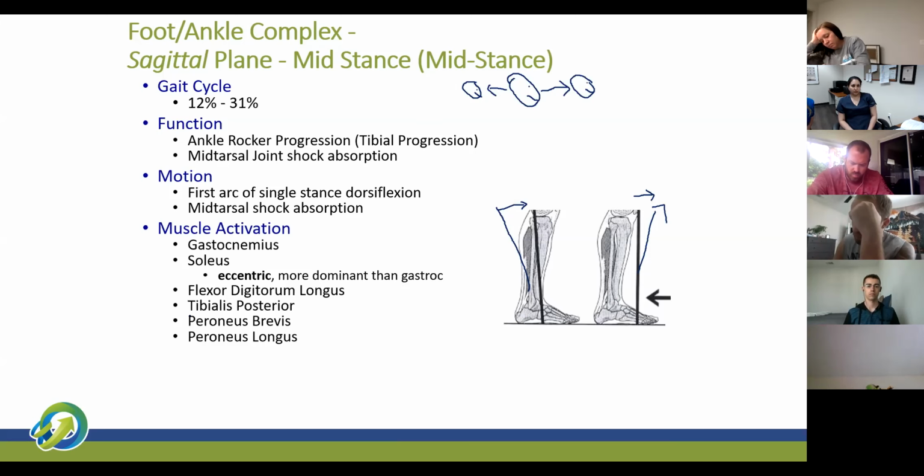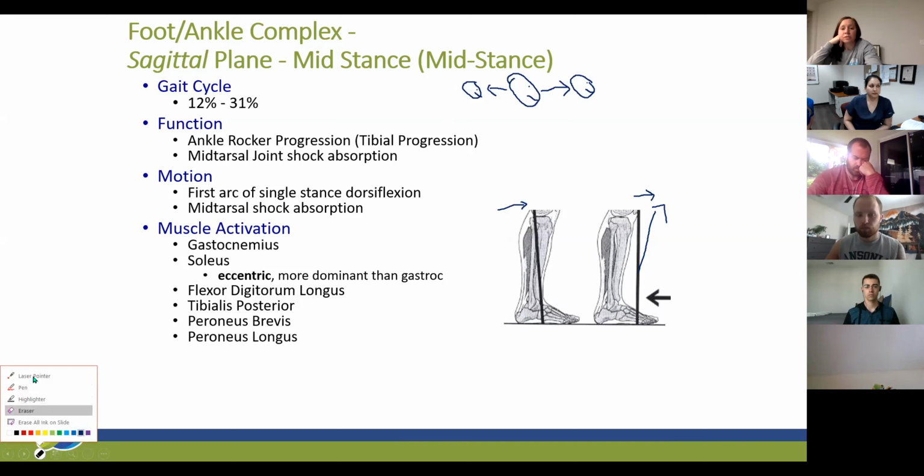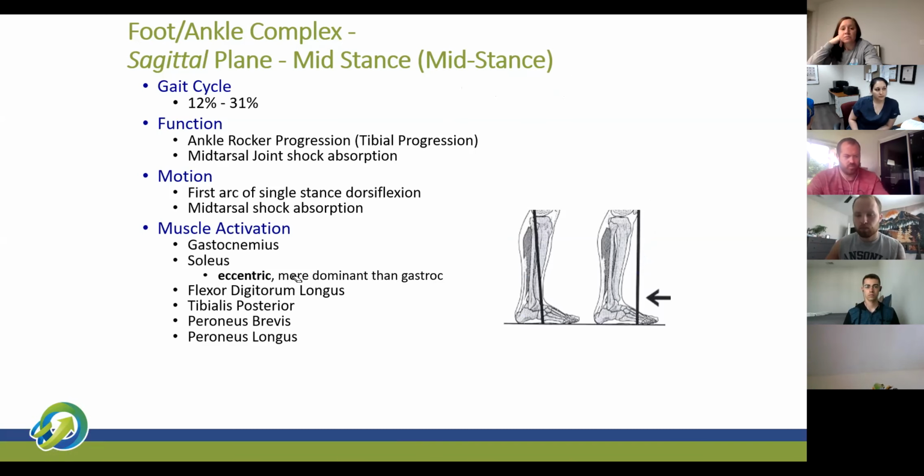So we already know that tibial progression is our main goal of stance phase, in addition to what? What else is happening in the lower extremity during stance phase of gait? Shock absorption. Yes, you have shock absorption, specifically of the mid-tarsal joint.